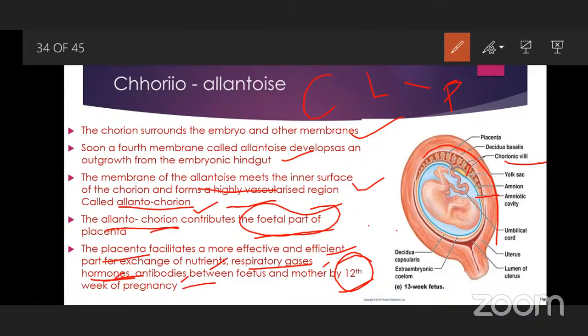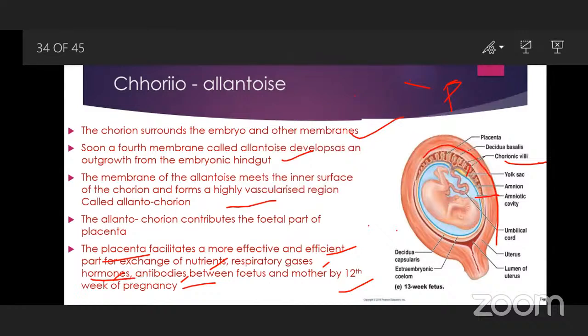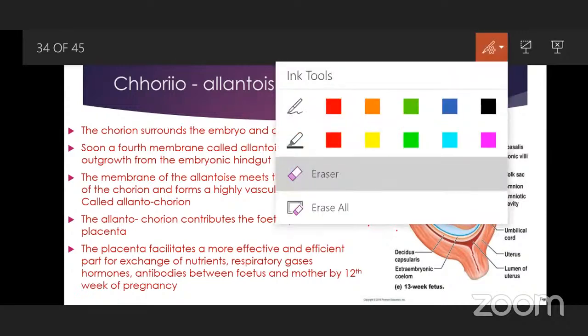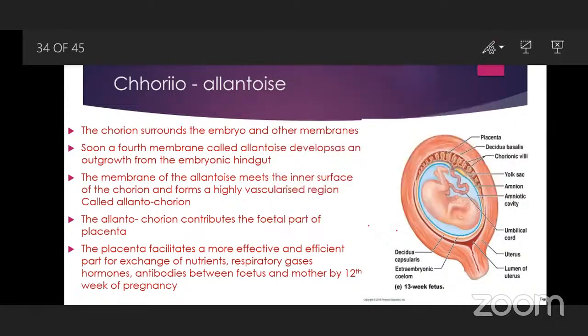Now here you can see the clear structure of all the things which are present in the embryo. This is the embryo, and you can see here the umbilical cord.